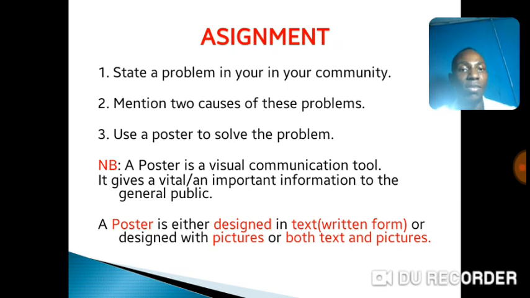A poster is either designed in text. When we say text, it is the written form. It can be designed in written form by using the letters of the alphabet to write them, giving the information to the general public. Or it can also be designed with pictures.